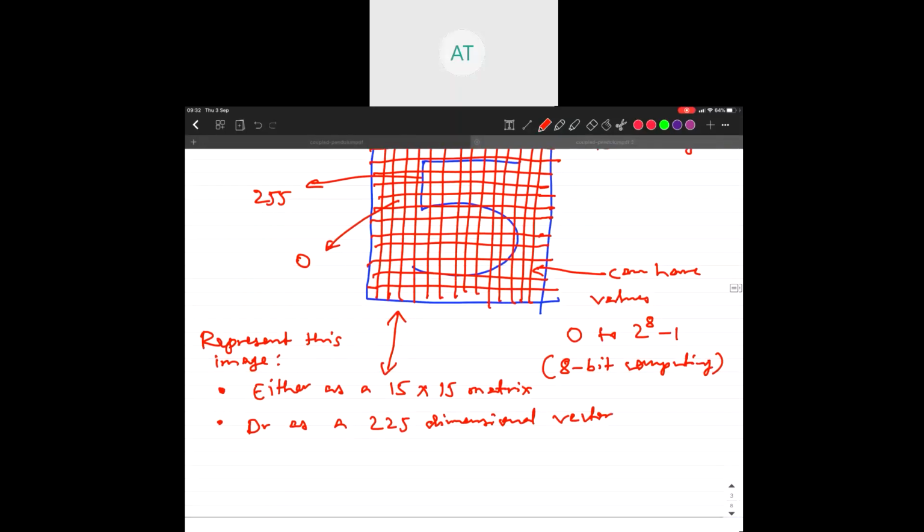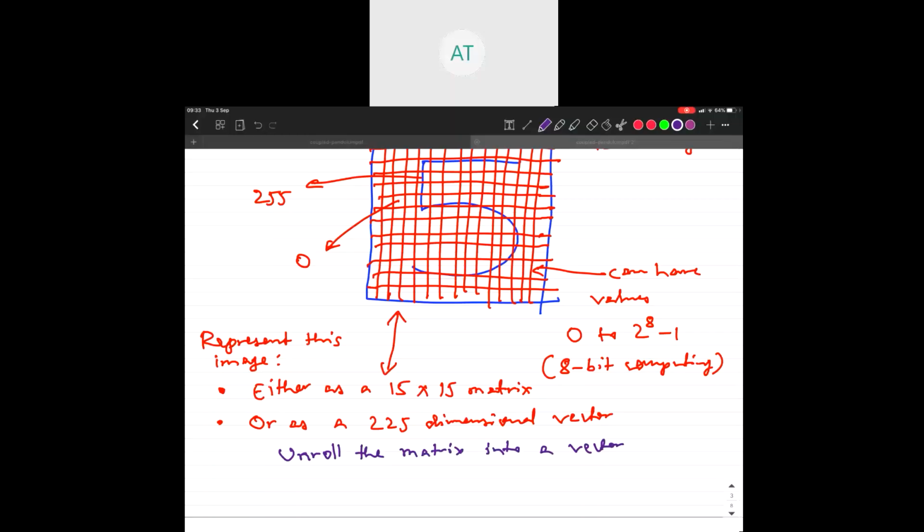So basically, the process is, how would you unroll it? Unroll the matrix into a vector. Okay, so how would you do this?